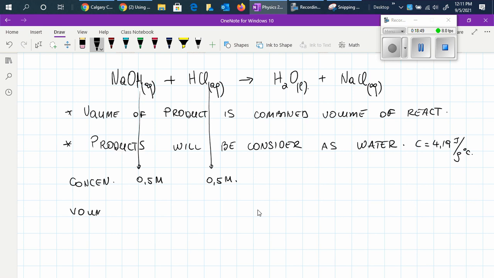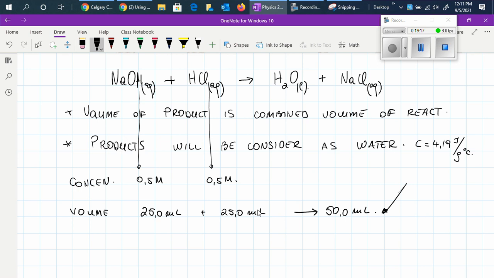The volume of each of them, we said, is 25 milliliters plus 25 milliliters, which will be the volume of the product, which in this case will be 50 milliliters. And this will be the same as saying that we have water of 50 milliliters. Okay?